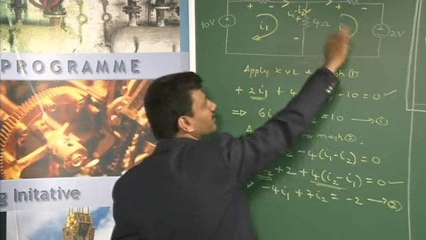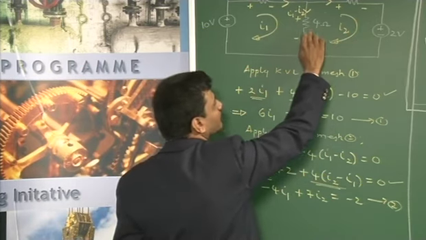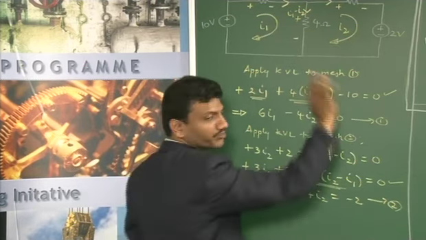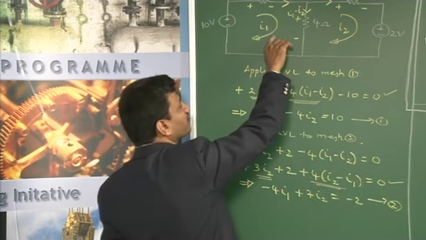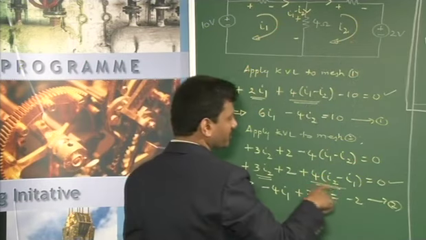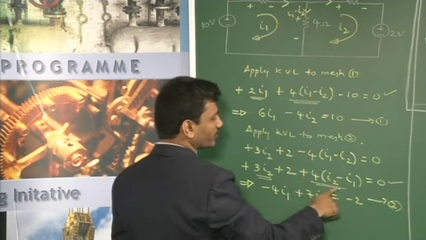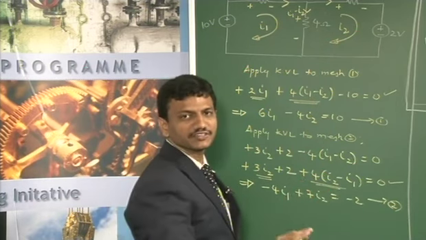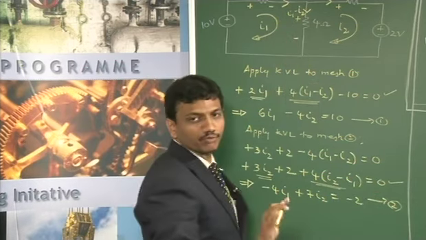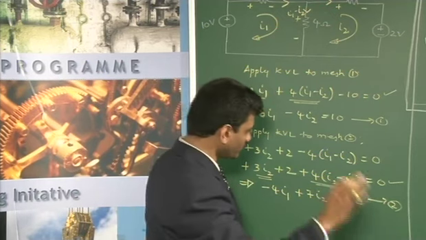If you are applying KVL to mesh 2 and want to write the potential drop across the 4 ohm resistor, plus 4 into I2 minus I1. Automatically everything will be taken care of. So from now onwards we will not consider any polarities of the potential drops across the passive circuit element. Directly we will be able to write that.